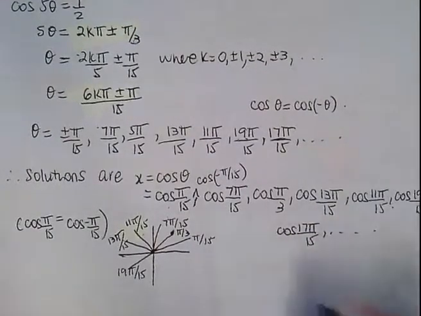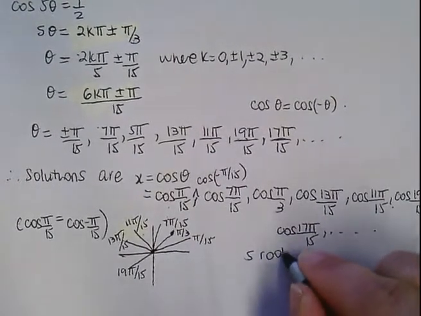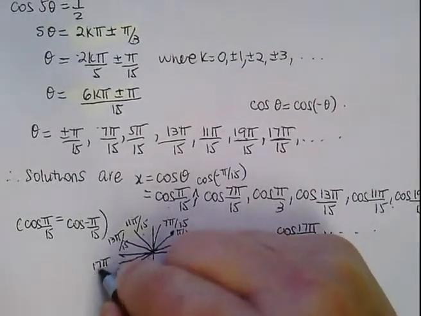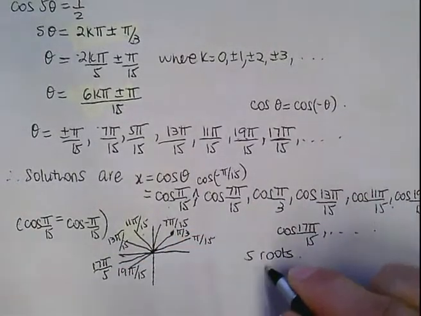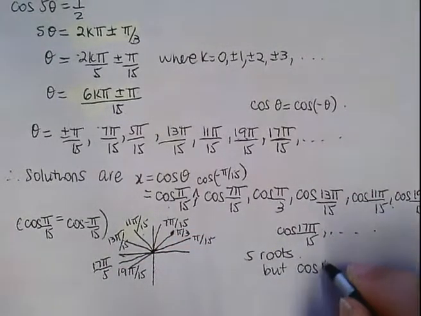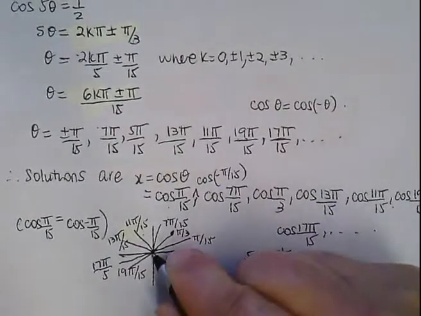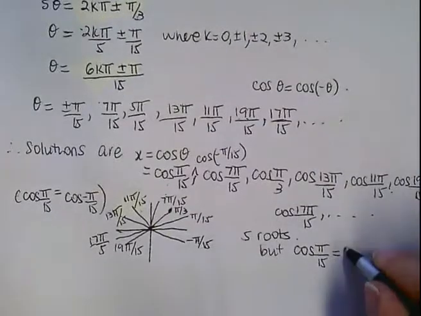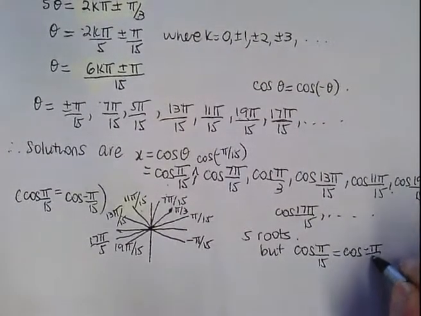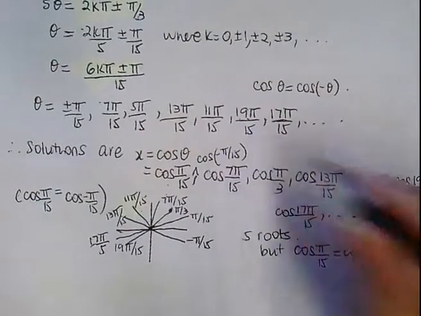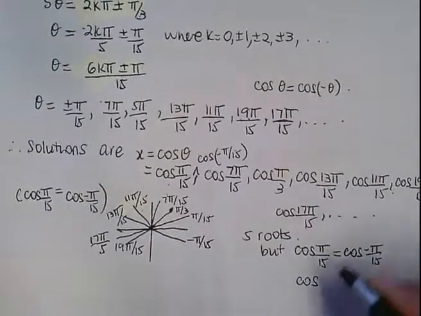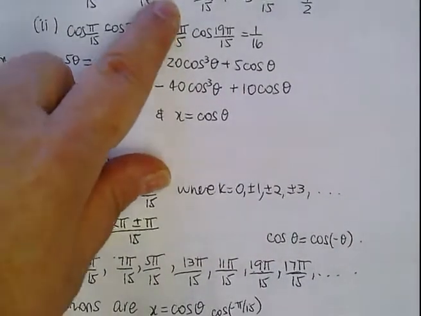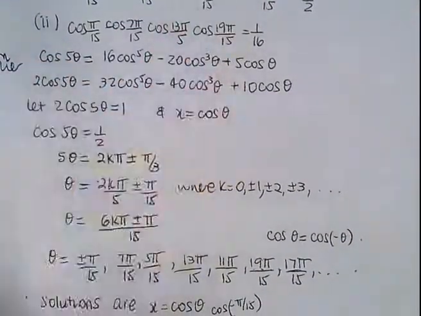However, there are only 5 roots. And we notice, so I'm going to put the 17 pi on 15 there. But the cos of pi on 15, so I'm going to put negative pi on 15 there. The cos of pi on 15 equals cos of negative pi on 15, so I don't need to count that one. And if we look and see what we need, we don't want 11 pi on 15 or 17 pi on 15.